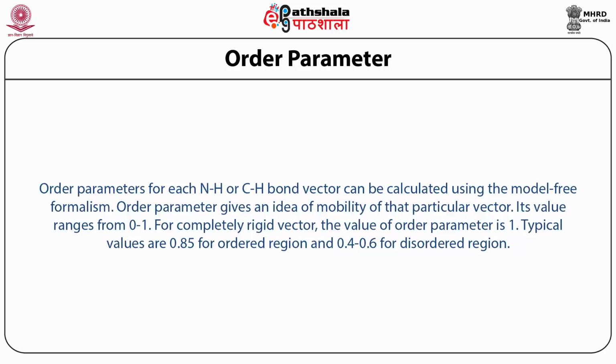So if we talk about ordered region of protein, it is generally high, it is 0.85. When you go to disorder, since they are more flexible regions, mobility is high and order parameter is in the region of 0.4 to 0.6.